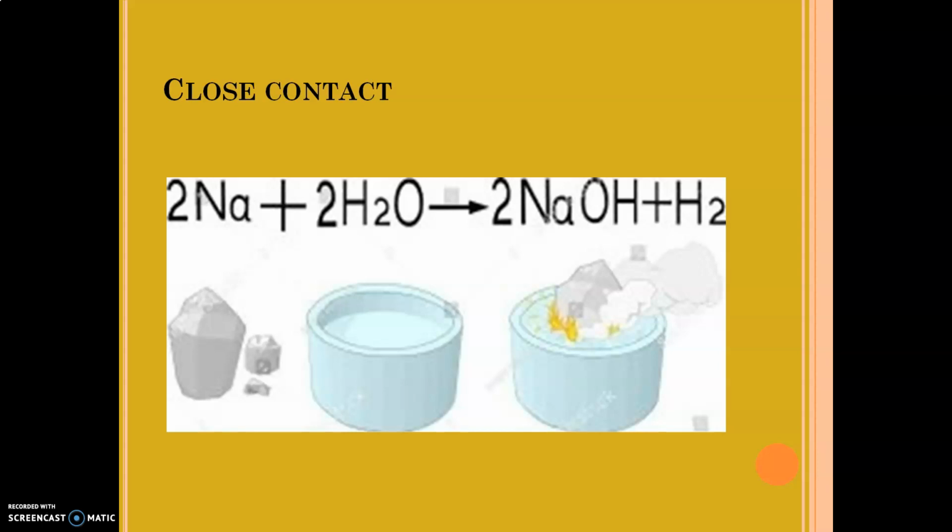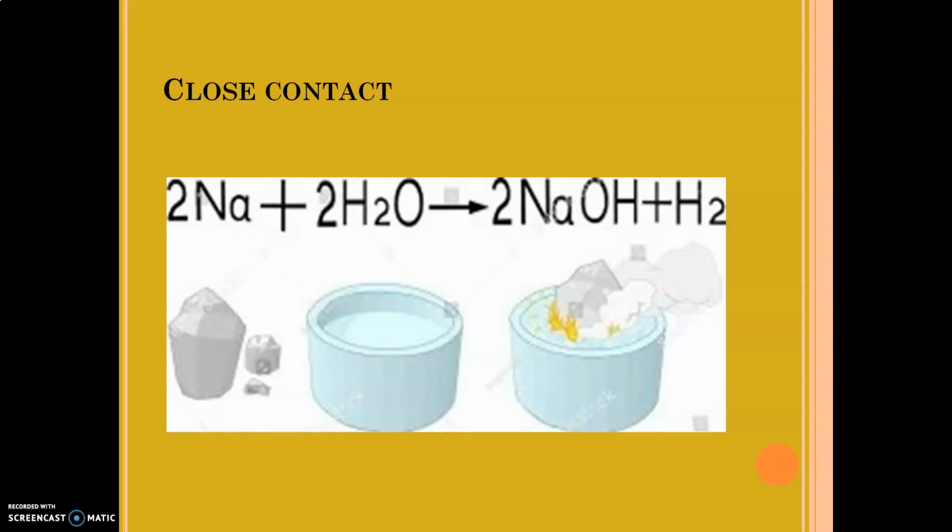Here in front of you is a very good example of sodium when mixed with cold water. The reaction is very vigorous. It forms sodium hydroxide, NaOH, and hydrogen as a gas is liberated.